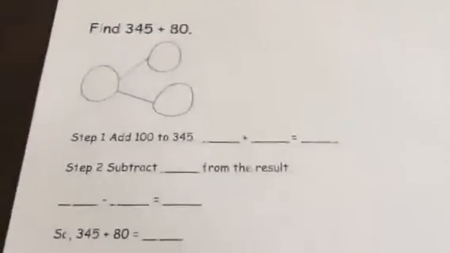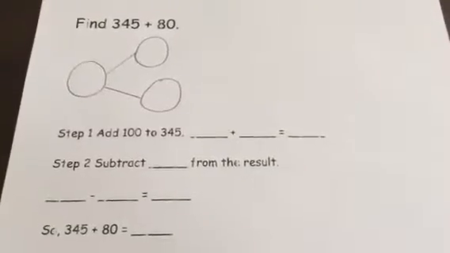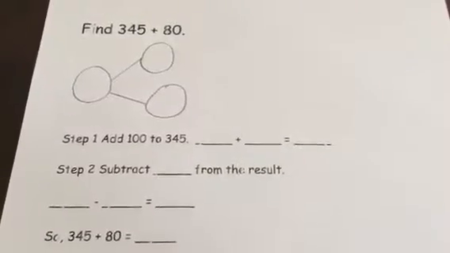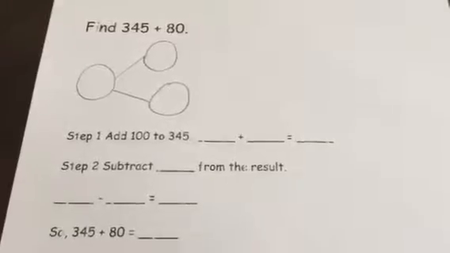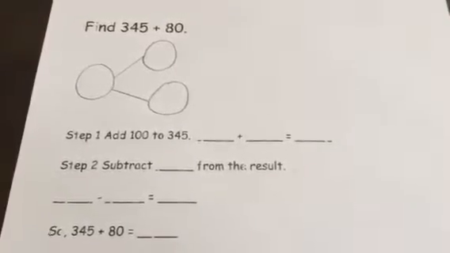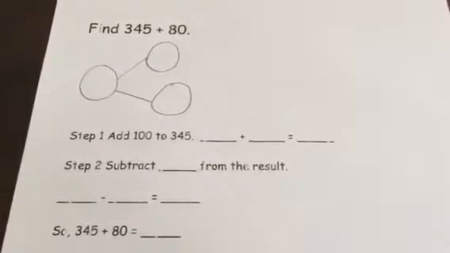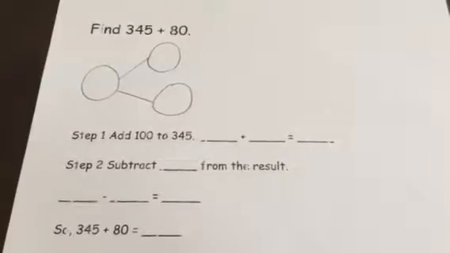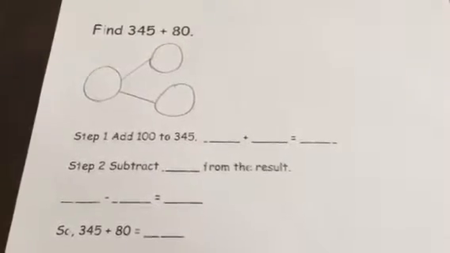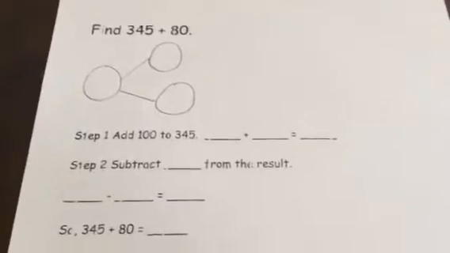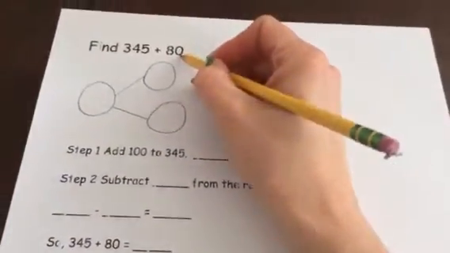Okay, boys and girls, we're back for the second problem. This one wants us to find the sum for 345 plus 80. And we're going to use the add the hundred strategy and subtract the extra tens. So I'm going to look at my number 80.